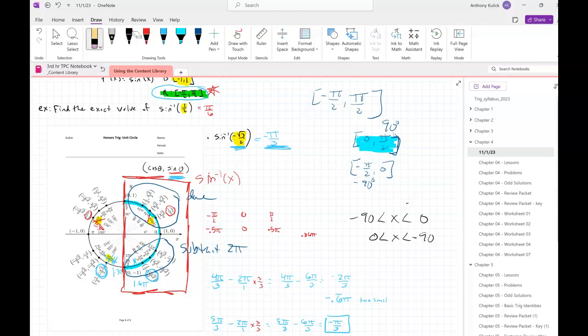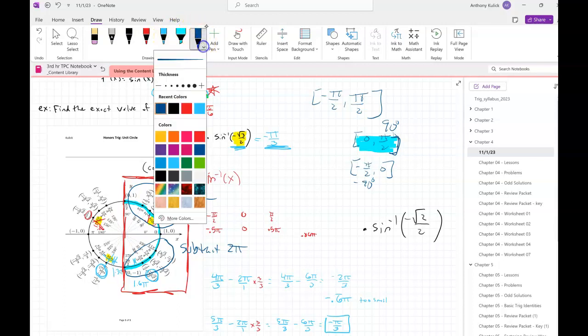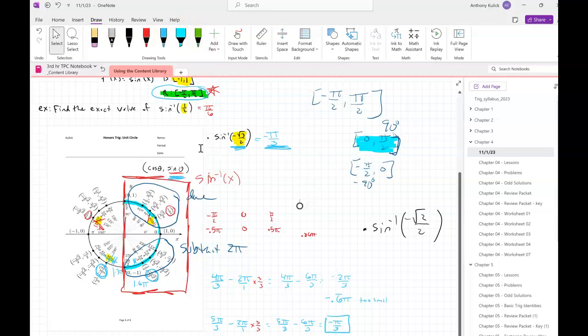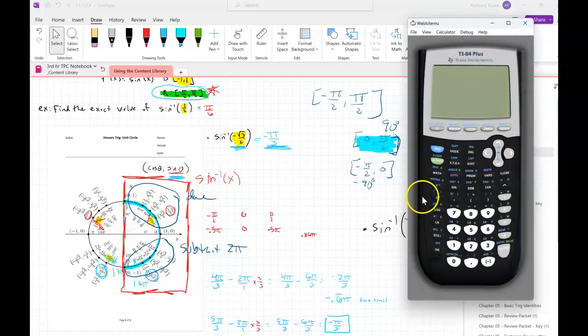Let's do one more example with our streamlined process to see if we can do this real quick, okay? All right, make one more here. And this time I'm going to do a green. So sine inverse of -√2/2. First thing we do, let's check -√2/2 and make sure it's between -1 and +1, right?